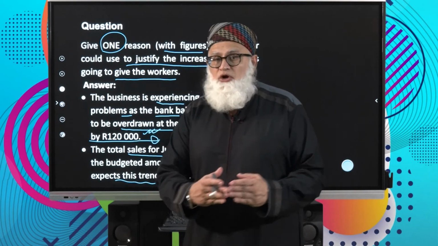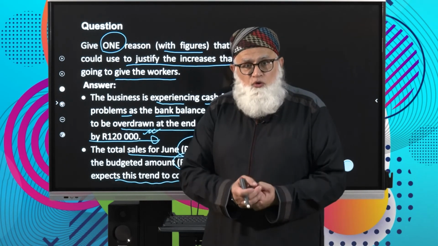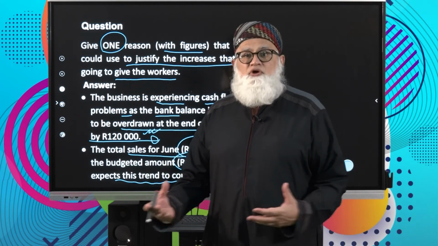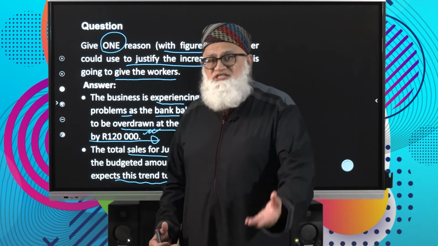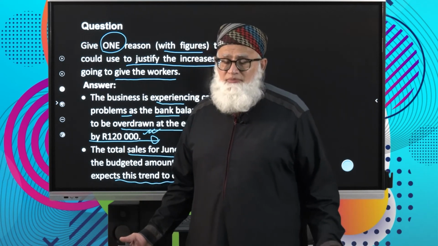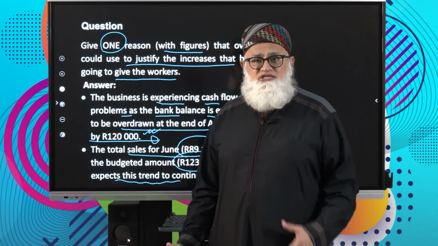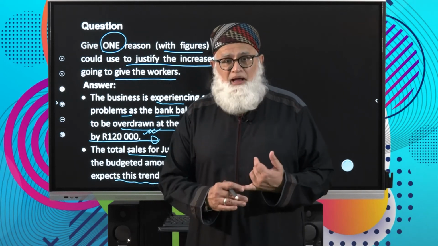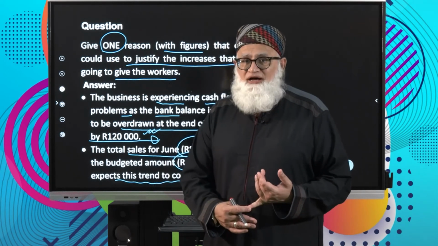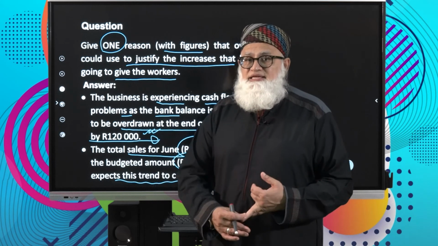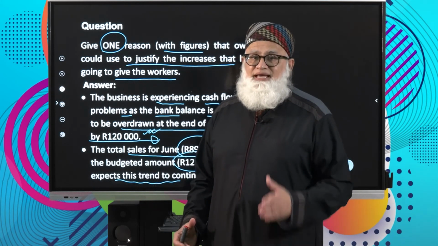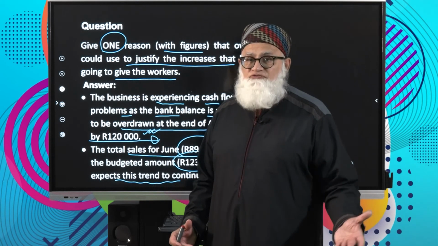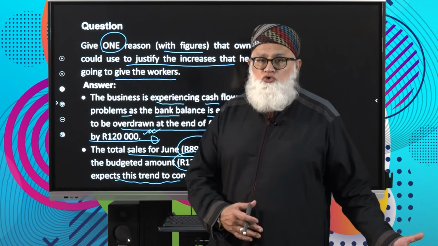Obviously, if your sales are on a decline, your cash flow will be on a decline because obviously you have less sales. This will be a justification for the owner to say, sorry, gentlemen, I can't give you a bigger increase because firstly, our bank account is in overdraft, and there's a clear indication that the sales figures, based on the trend, they are decreasing, obviously, and we're expecting this trend to continue.